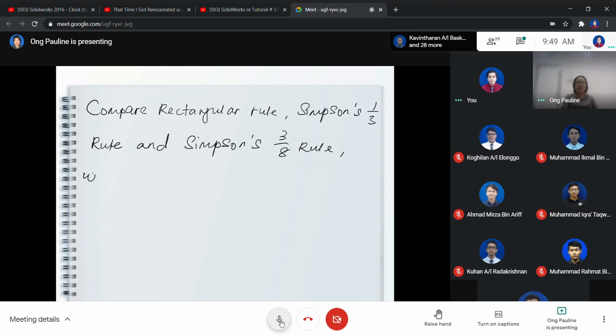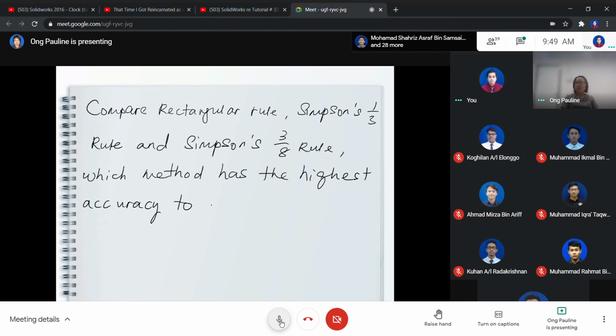Okay, which method has the highest accuracy to evaluate, let's say we do a simple one. I am afraid you have forgotten how to do integration.